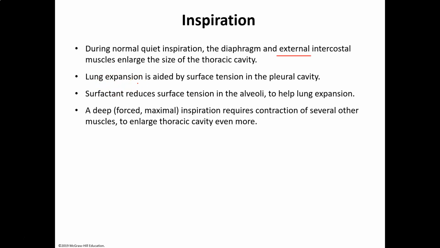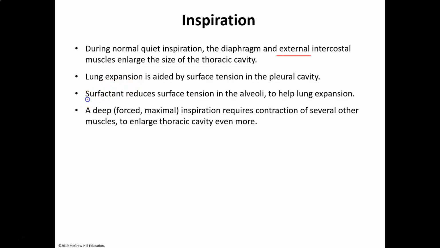The visceral and parietal pleura have an intrapleural pressure, a negative pressure. So basically, the visceral pleura is sucked up against the parietal pleura, and that vacuum force is maintained. And when you increase the volume of the thoracic cavity, it simply pulls on the parietal pleura, which pulls on the serous fluid, which pulls on the visceral pleura, which pulls on the lung tissue itself and expands it.